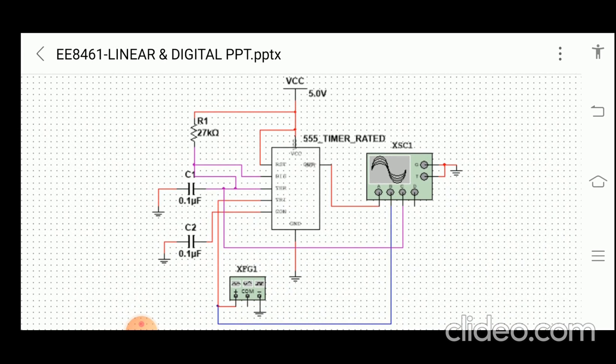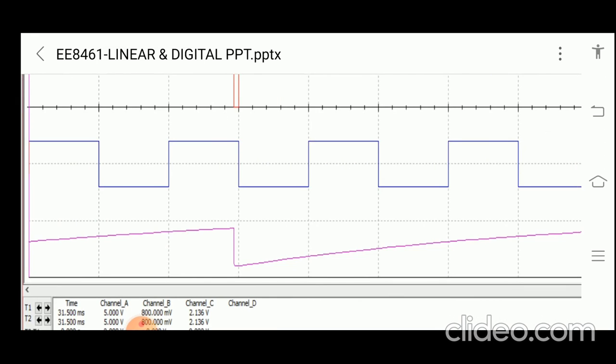After giving the supply voltage of 5 volt, when we click the run button in Multisim, we get the output like this.